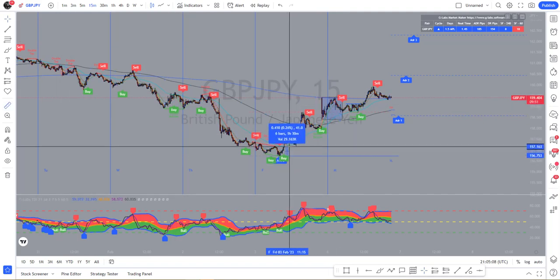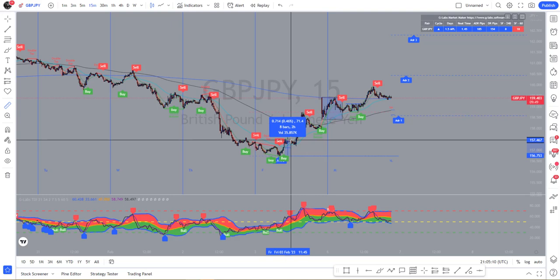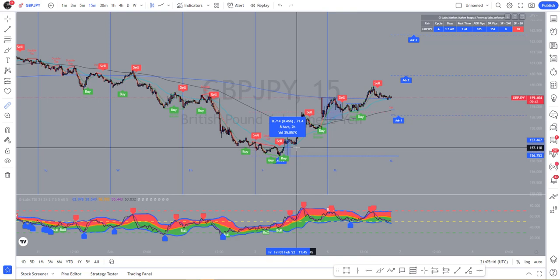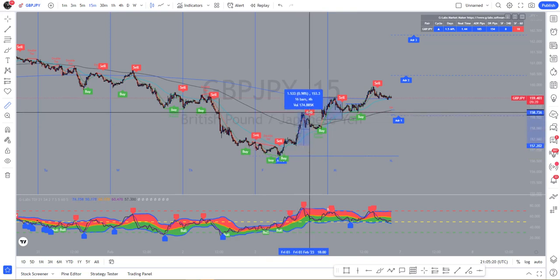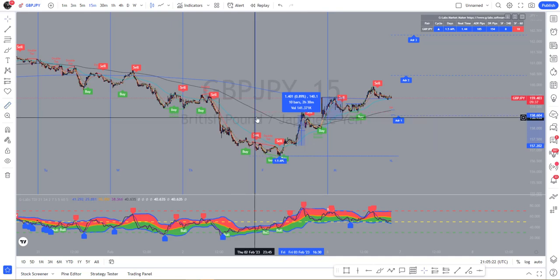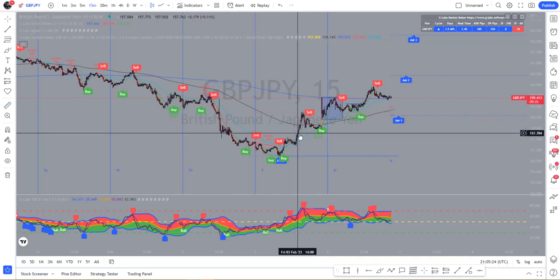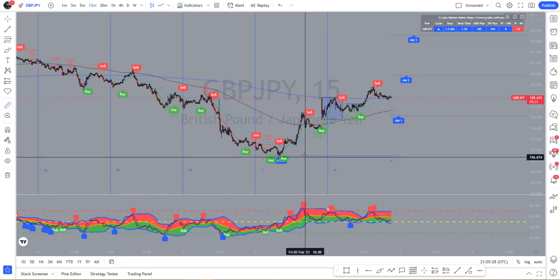So the first day, that is a 70 pip move. That is enough for any day. Second day, holding it, 153 pip move. So that's like 220 pips, I think, isn't it, from here to here?